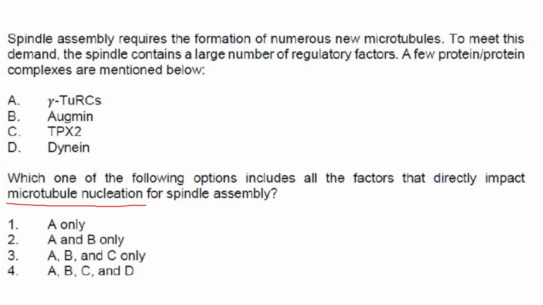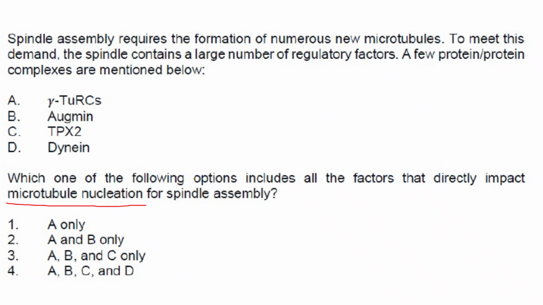So the first one is gamma TuRC. It is the gamma tubulin ring complex, and it serves as a template for the assembly of the first alpha tubulin and beta tubulin, and thereby it will initiate the growth of the microtubule, because microtubule nucleation means initial formation of microtubule polymers.